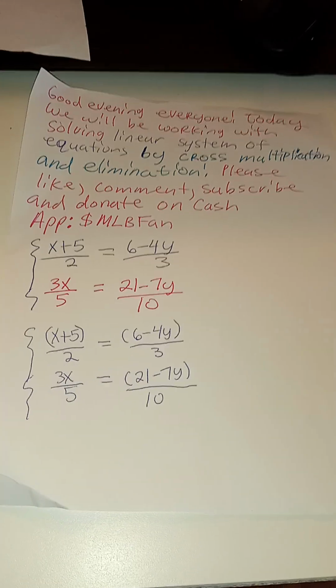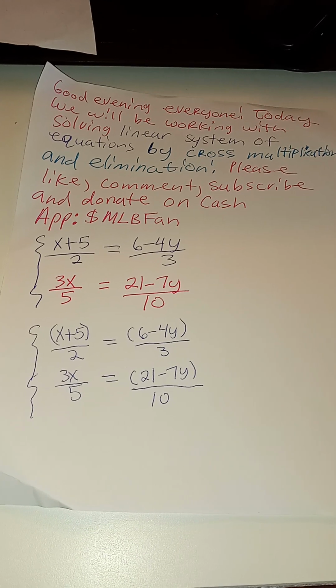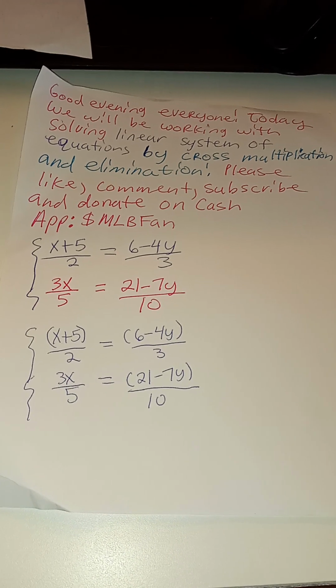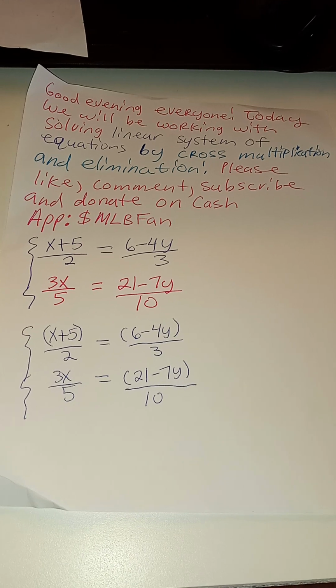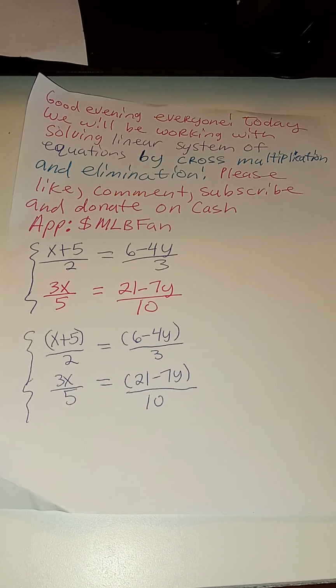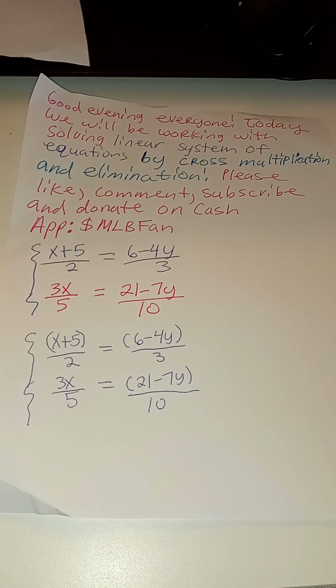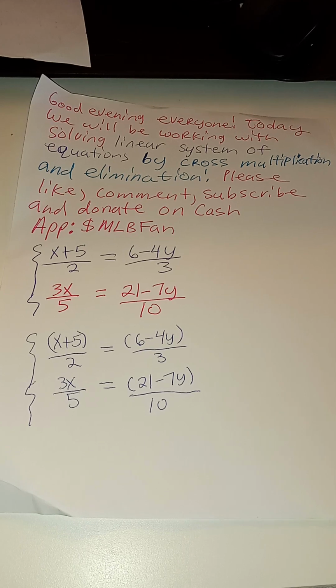Here we see a linear system of equations in the form of (x plus 5) divided by 2 equals (6 minus 4y) divided by 3, and 3x divided by 5 is equal to (21 minus 7y) divided by 10. Here we need to incorporate parentheses around the binomials.